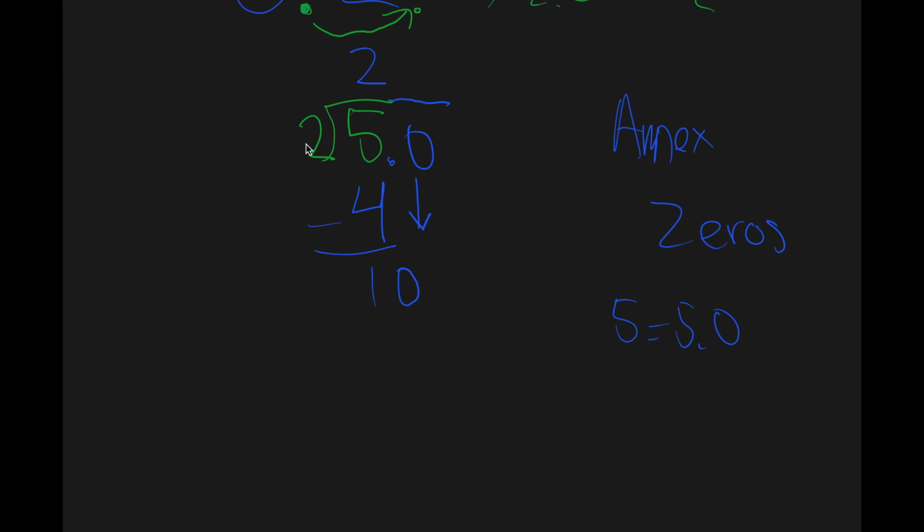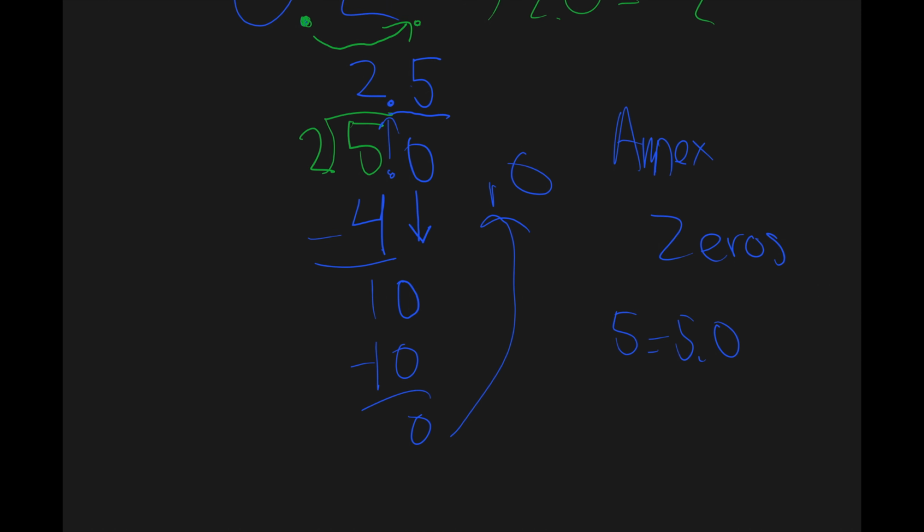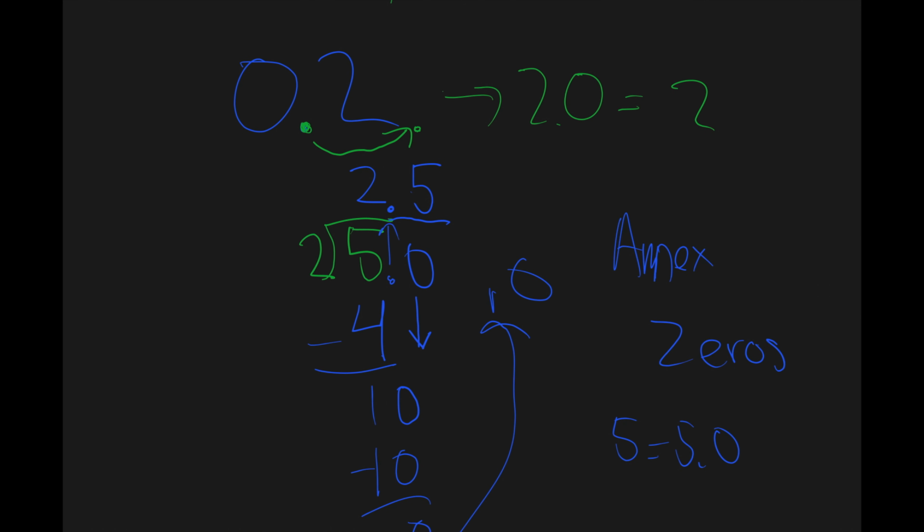10 divided by 2. And remember, there's a decimal here, so that decimal gets carried up. So 10 divided by 2 is 5. And 2 times 5 is 10. 10 minus 10 is 0. So now we have remainder as 0. So we no longer have a remainder. So our answer is 2.5. That 0 we added there is called an annex 0.